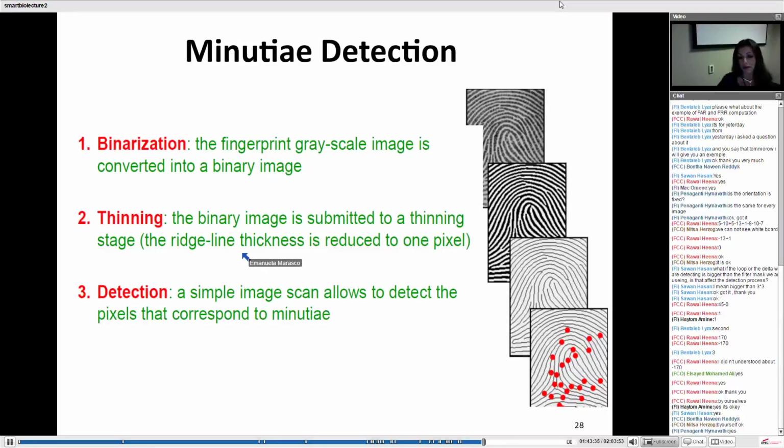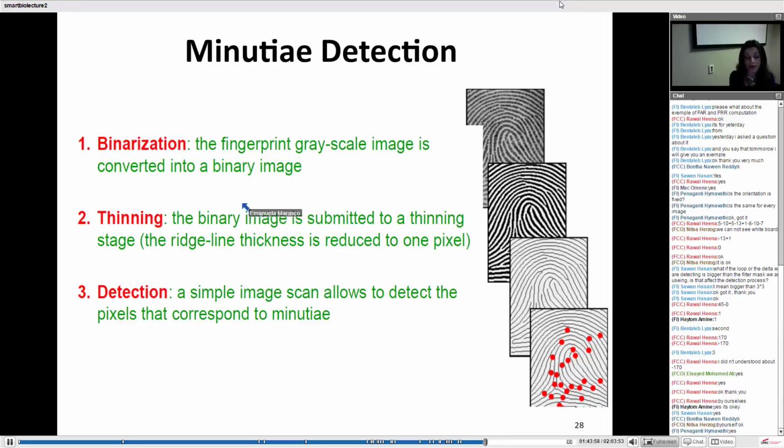After that, we apply a thinning routine. What does thinning mean? The goal is to reduce the ridge to 1 pixel. Thinning is related to the thickness of the ridge line.